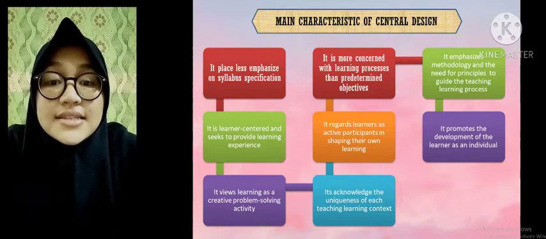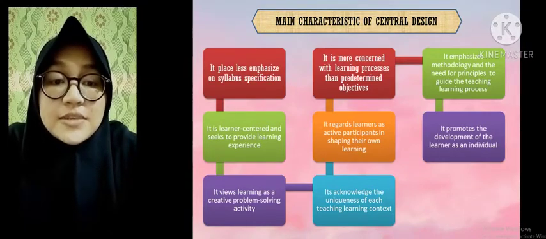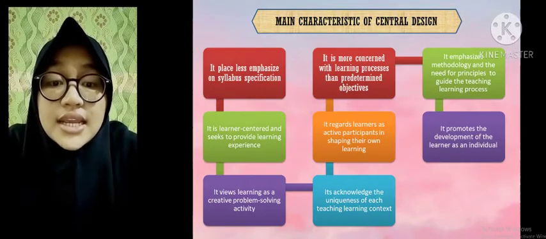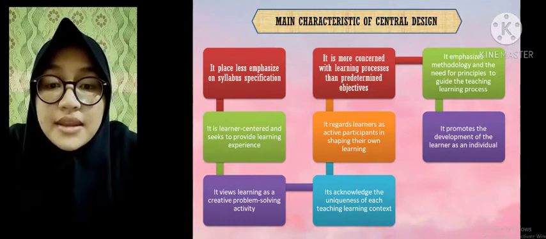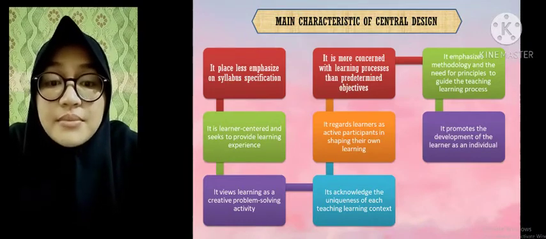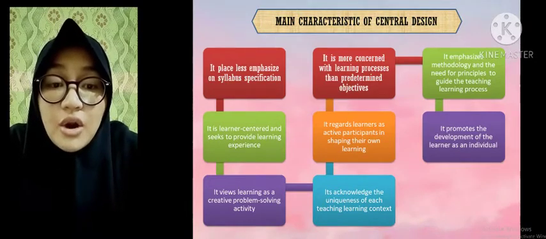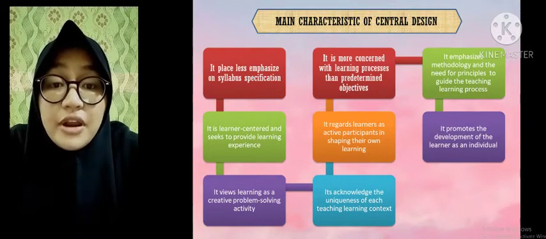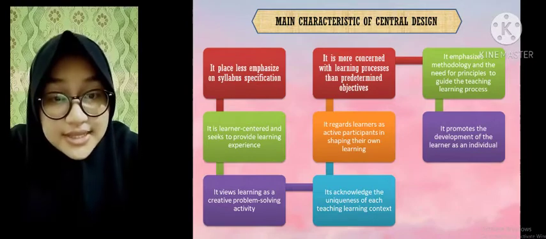Next, learning is student-centered and provides a learning experience that allows the child to try on his own in the learning process. Next, make students more active in shaping their own learning style. Then, helping students in developing their own personality.